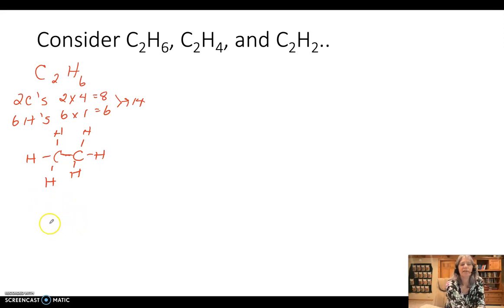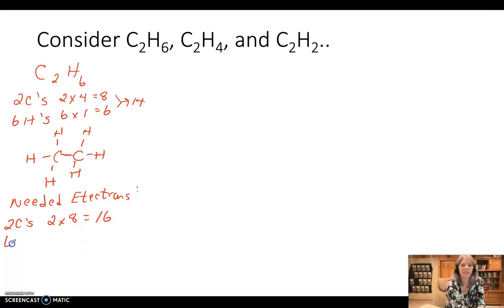Okay, so what I always like to do for a check is to see how many electrons need to be in bonds. The way that I calculate that is the needed electrons to form an octet or duet. So we've got 2 carbons, and so we have 2 atoms that want to form an octet, and that would require 16 electrons if they were doing it on their own.